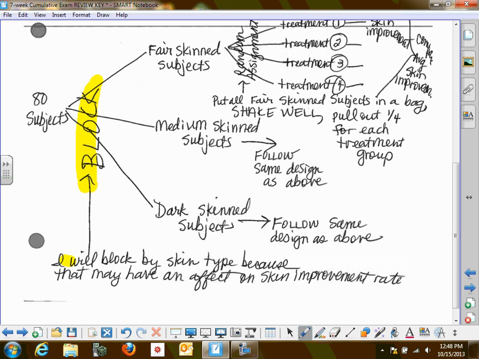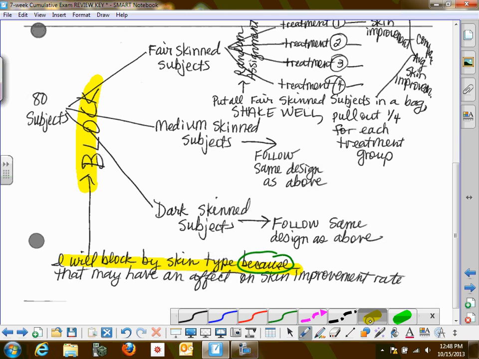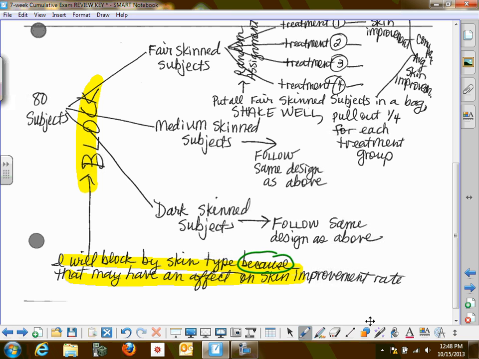Look here. I will block by skin type because that may have an effect on skin improvement rate. If you do not have this, it may have an effect on skin improvement rate, then that's not correct.